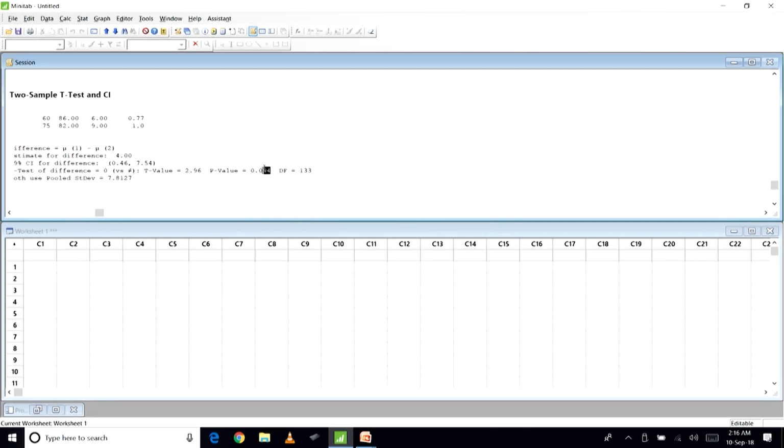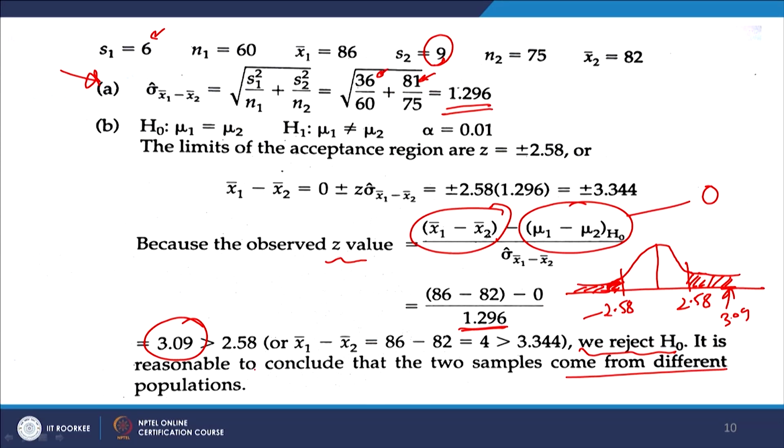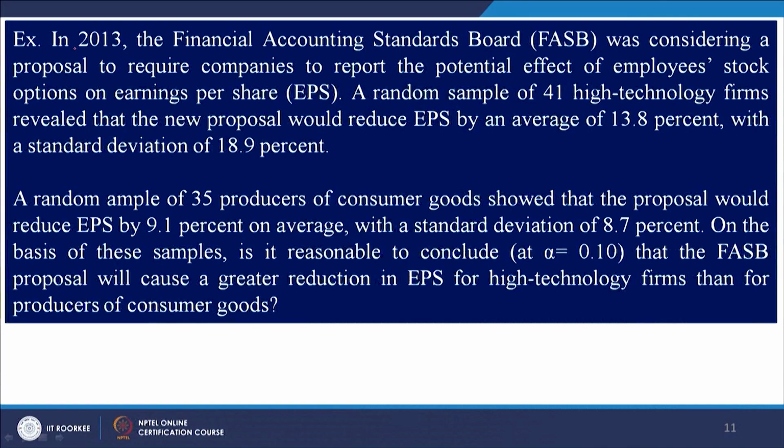So, p value is 0.004. 0.004 is our p value and alpha value is 0.01. So, we will say that p value is less than alpha. So, we will reject null hypothesis, which is the decision we have taken here as well when we used critical value approach.